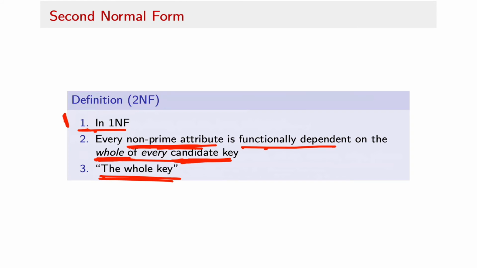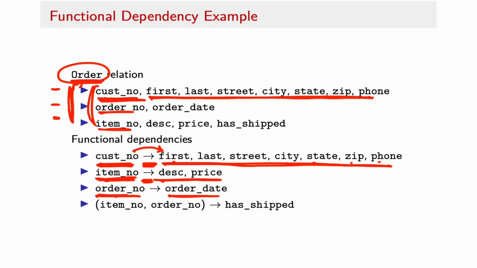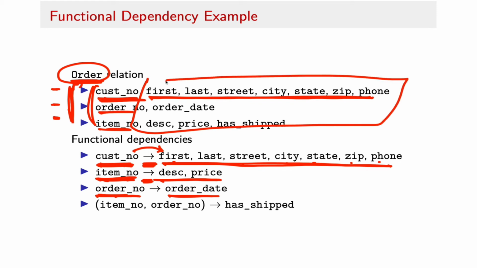At issue here, though, is that we've been able to identify those functional dependencies, but we are not satisfying the definition for second normal form. This says that every non-prime attribute has to be functionally dependent on the whole of every candidate key. Well, the non-prime attributes here are the ones that aren't one of those customer, order, or item numbers.